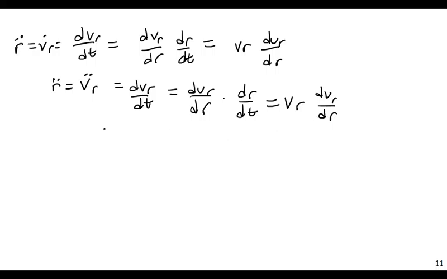And then I can plug and chug, setting one of these equal to another. I can say vr dvr equals r theta dot squared dr equals r theta naught dot squared dr.